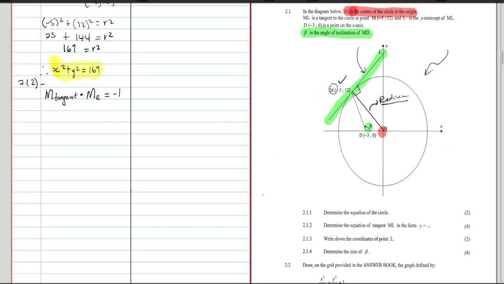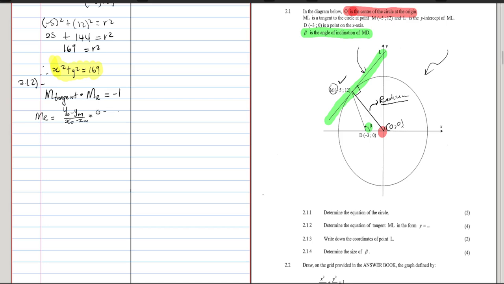So we're going to calculate the gradient of the radius. That's the easy part because I have 2 points that I can use to find the gradient of the radius. So we're going to say mr is equal to yo minus ym over xo minus xm, equals, what is yo?